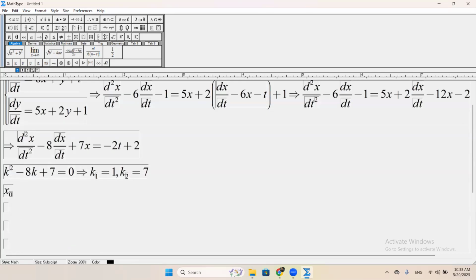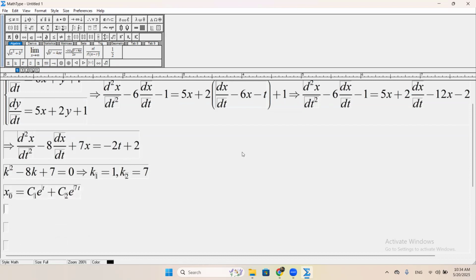So x0 equals c1 e in power of t plus c2 e in power of 7t.